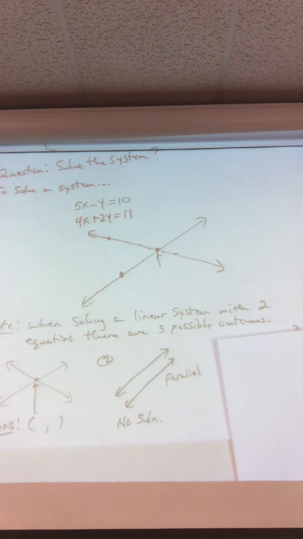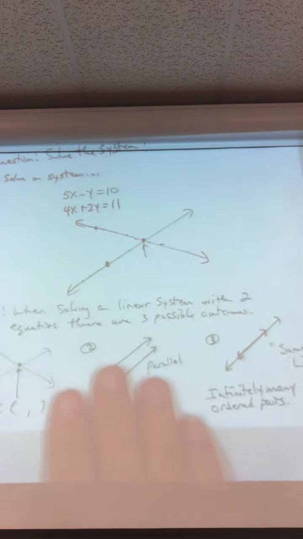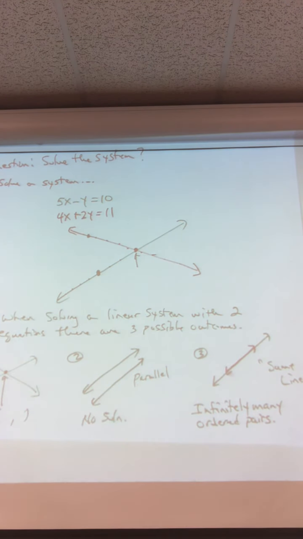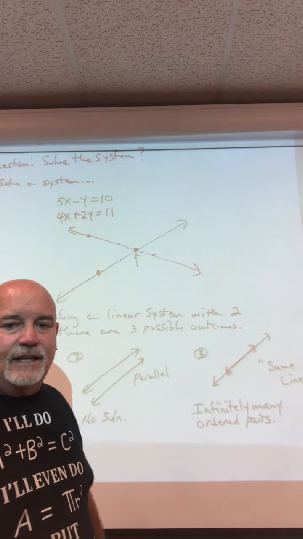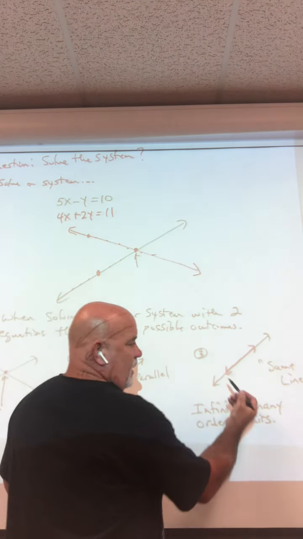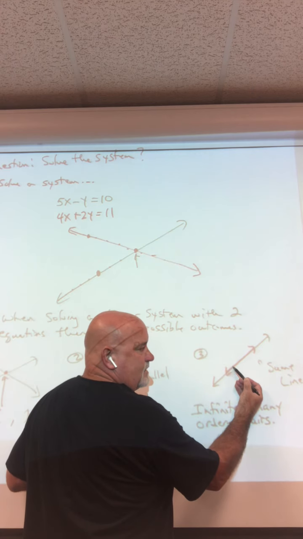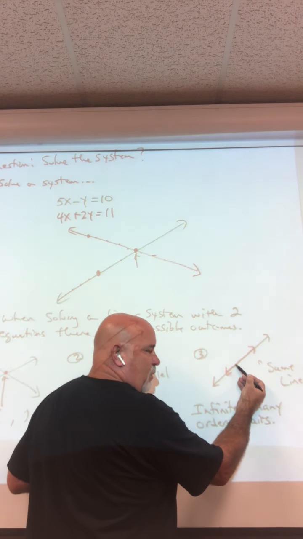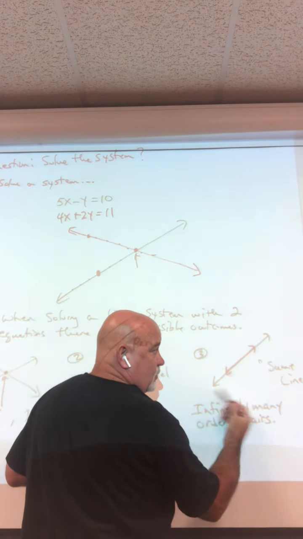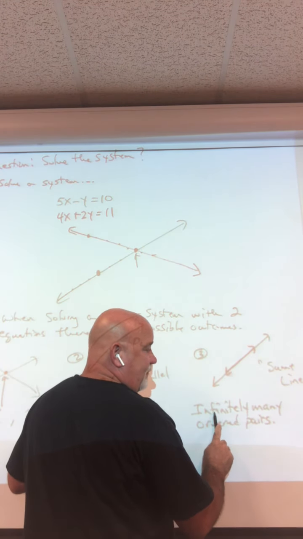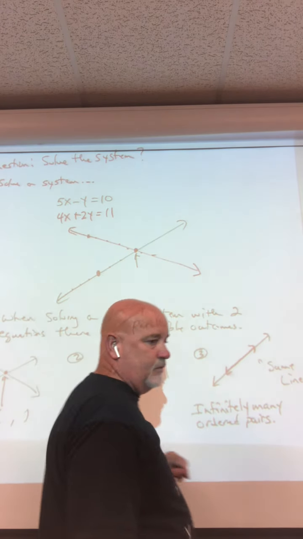The third option is if the 2 lines lie directly on top of each other. Now, if the 2 lines lie directly on top of each other, this point is on both lines, this point's on both lines, this point's on both lines. So the answer to this system would be infinitely many ordered pairs.